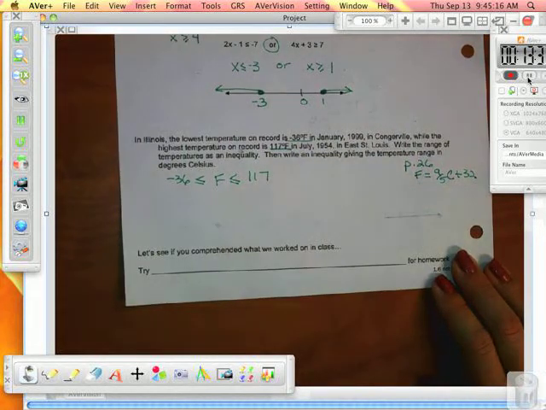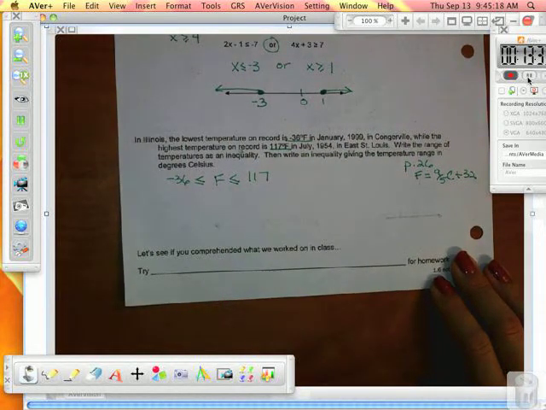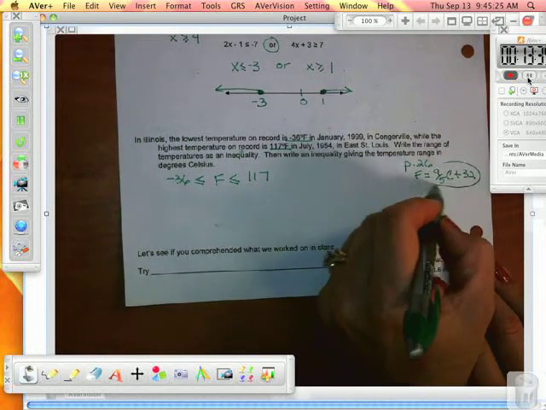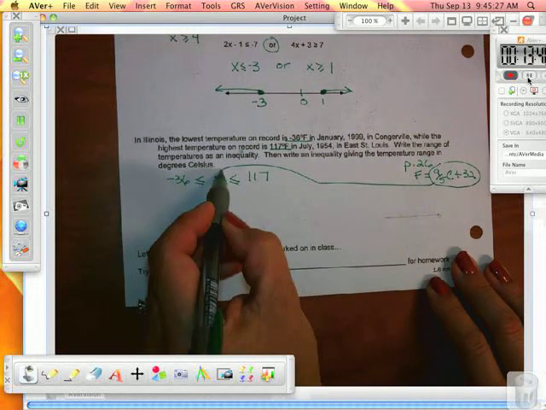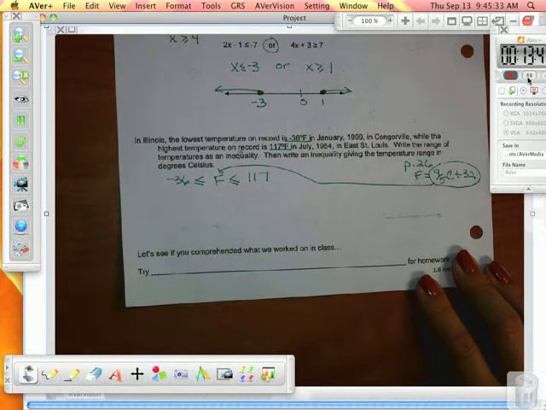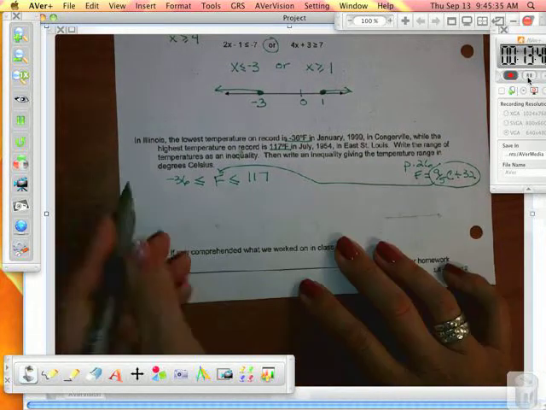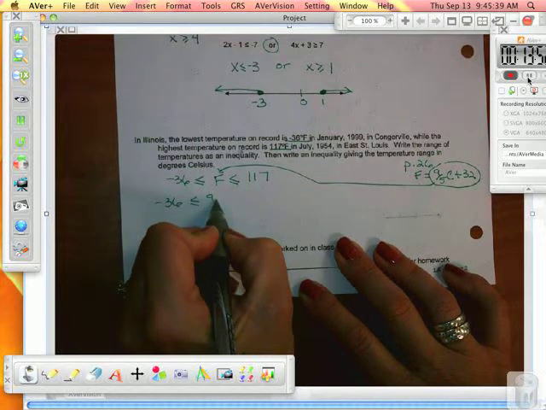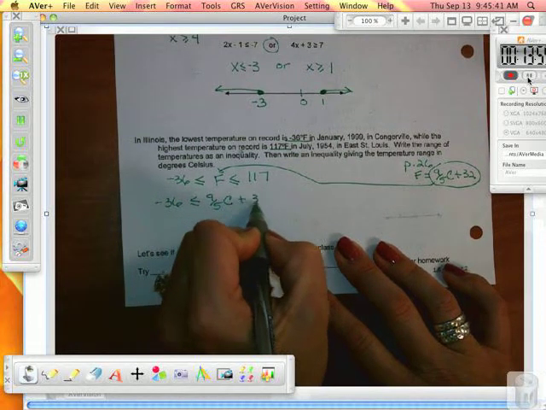Look, there's an F here, isn't there? So I have to take this, and I got to substitute it in for F. Yeah, because they want you to solve for Celsius. So -36 is less than or equal to 9/5 C plus 32, which is less than or equal to 117.